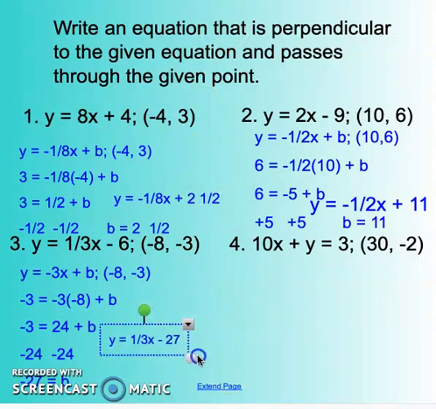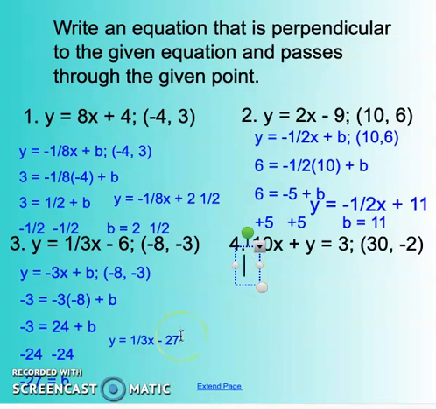Okay, our last one. What if our equation is not in slope-intercept form? Well, first of all, we need to get it in slope-intercept form in order to figure out what the slope is. And that's the only way we're going to figure out how to create a perpendicular line to it. So if you look at this, we have 10x on one side.